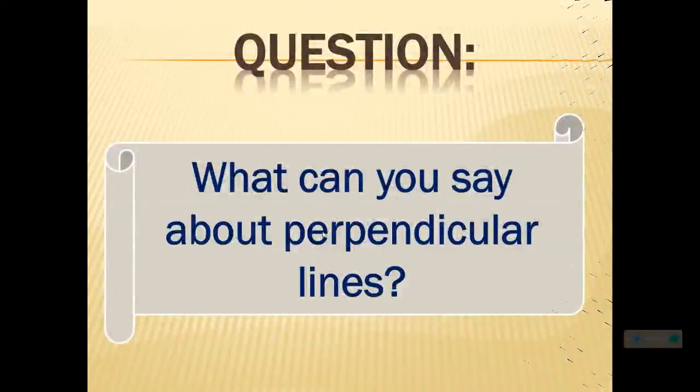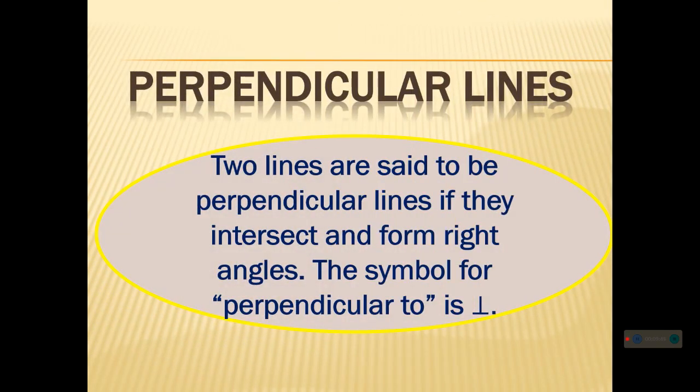Okay, so what can you say about perpendicular lines? The previous one was intersecting lines. So this time let us have perpendicular lines. What can you remember about perpendicular lines? Any idea? Okay, so 2 lines are said to be perpendicular lines if they intersect and form right angles.